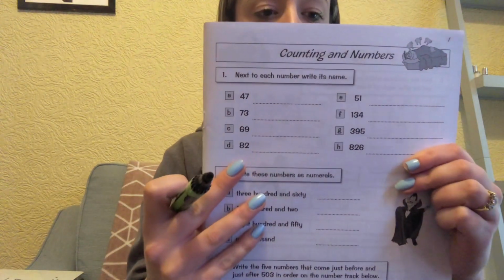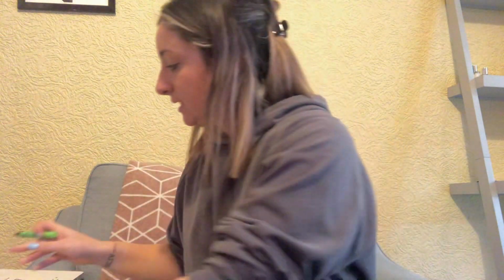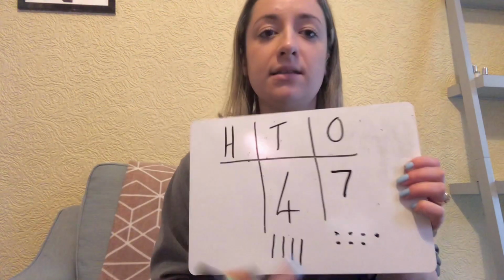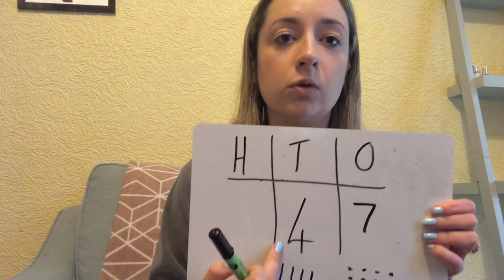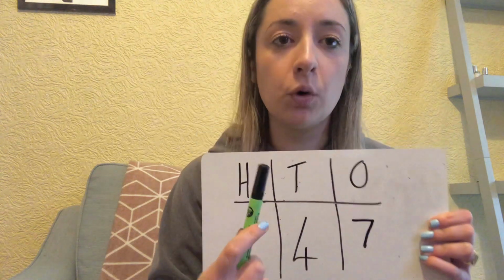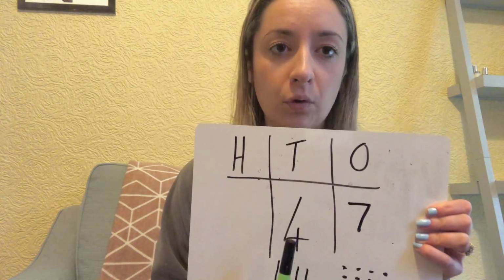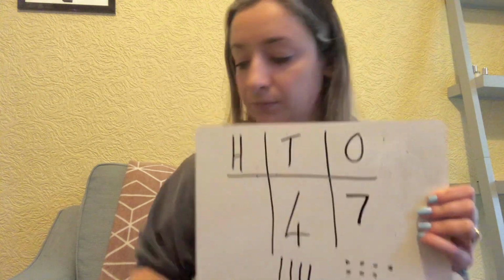Now, the second part is for you to write it in words. So you are going to have to recognise what number it is, and write it in words. So if we think about our phonics, 47. Some people get confused when we have 4 in the tens, and some people will say it as 14. It's not, it's 40. 47.